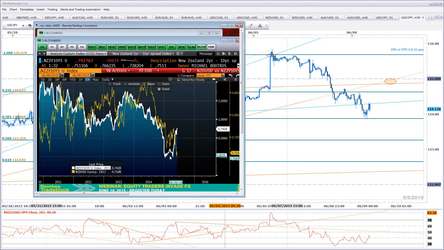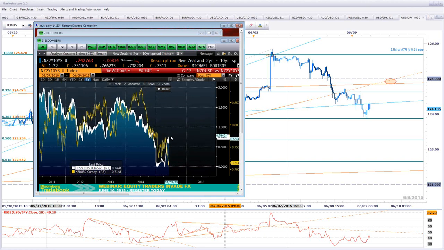Now we're getting that dynamic very different, right? You're getting the divergence, and the turn in the spread again has preceded the turn in price. So near term, you're seeing the spread coming into the lows that you made back here in April.